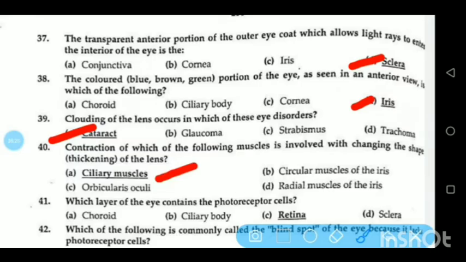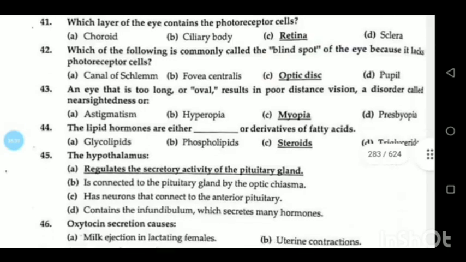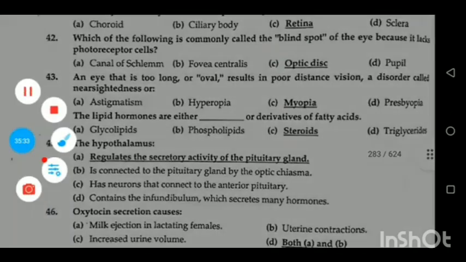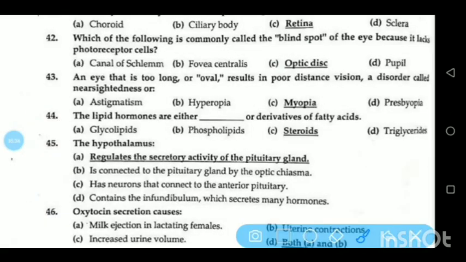Ciliary muscles. Which layer of eye contains the photoreceptor cells? Retina. Which of the following is commonly called the blind spot of the eye because it lacks photoreceptor cells? Optic disc.